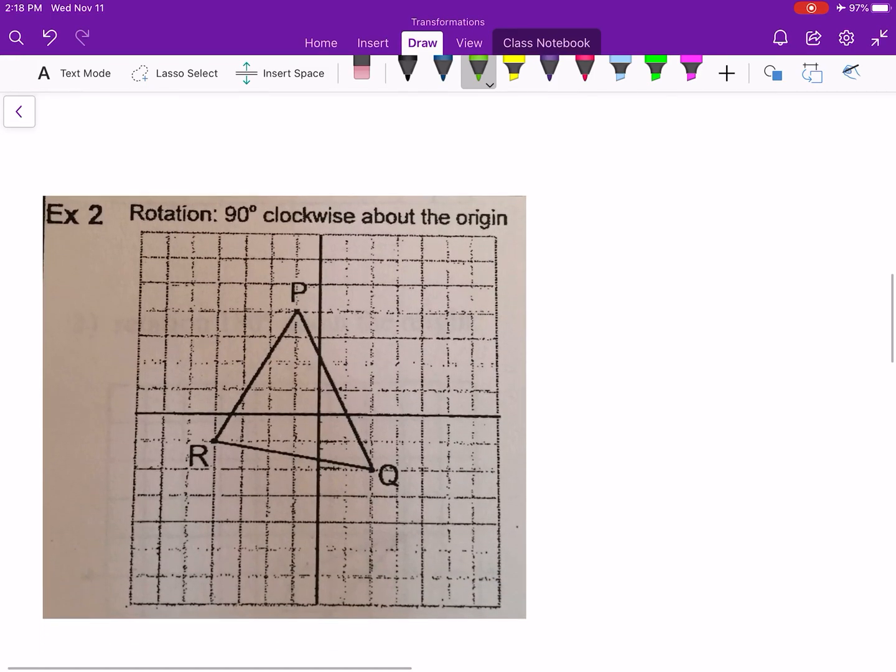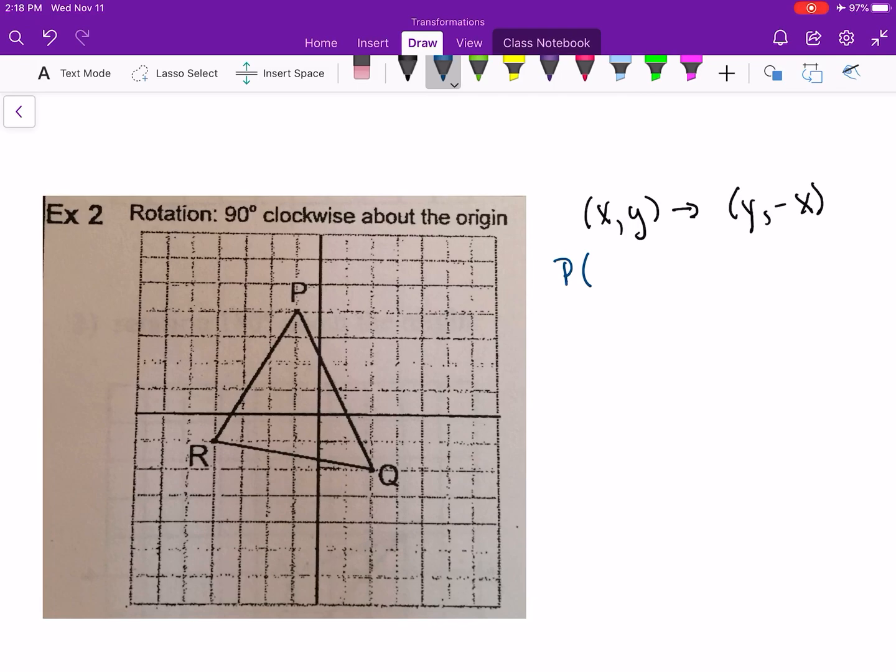Example 2 is a rotation 90 degrees clockwise, and so we can keep track of what's going on, first thing I'm going to do is write down what the rule is. So xy is going to become y, negative x. So I know the rule I'm going to follow. Then we're going to write down our points.